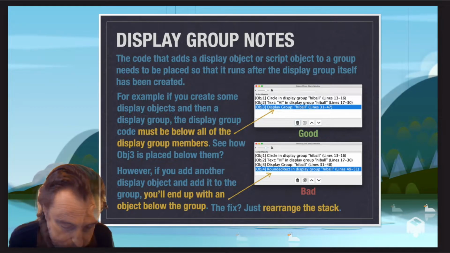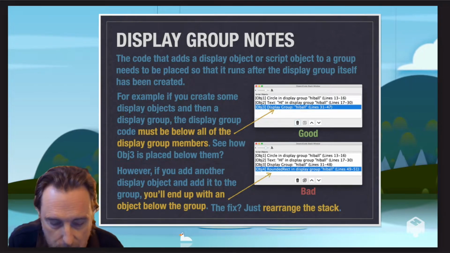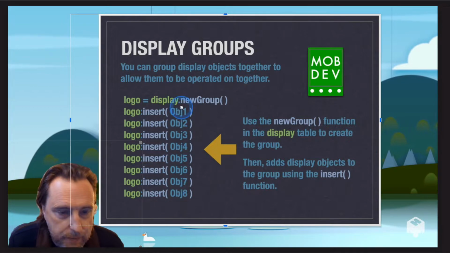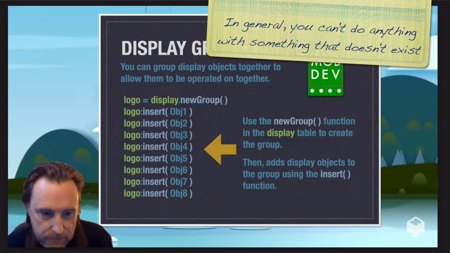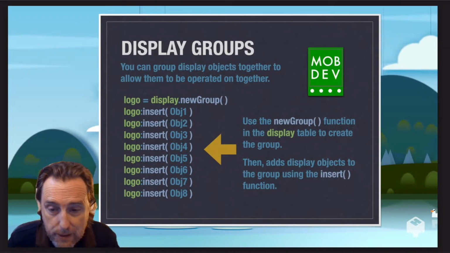It doesn't matter. The thing that matters, though, is that when this code runs, any of these statements run with the inserts, all of the objects you're inserting have to exist. So you cannot insert an object into a display group before you've created it.